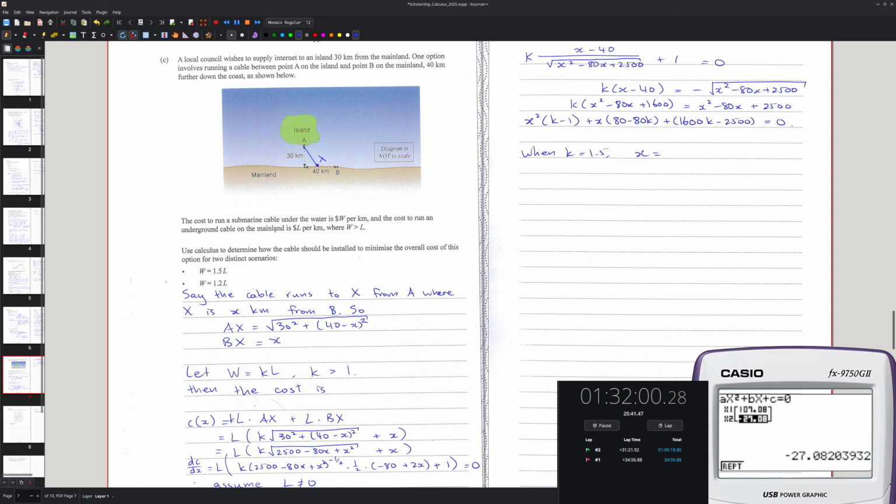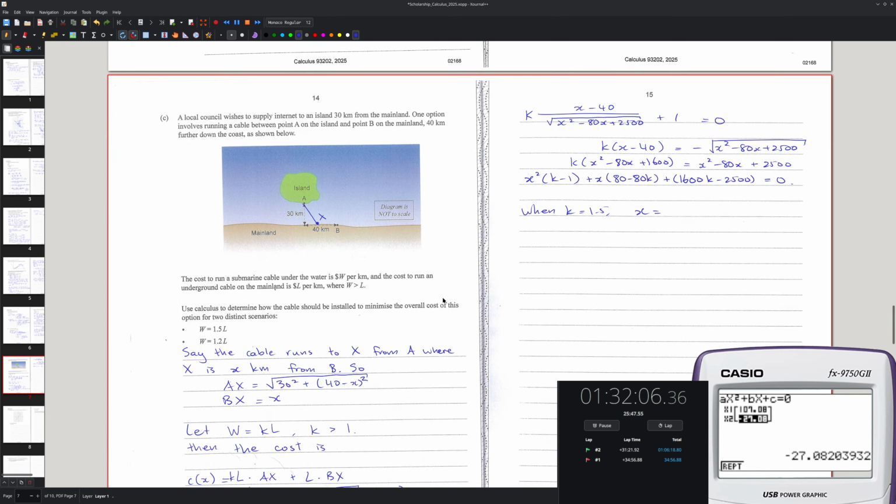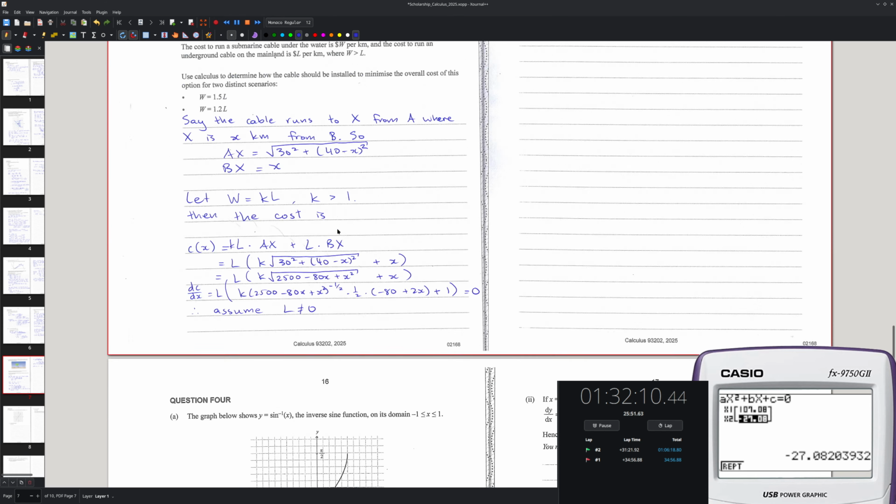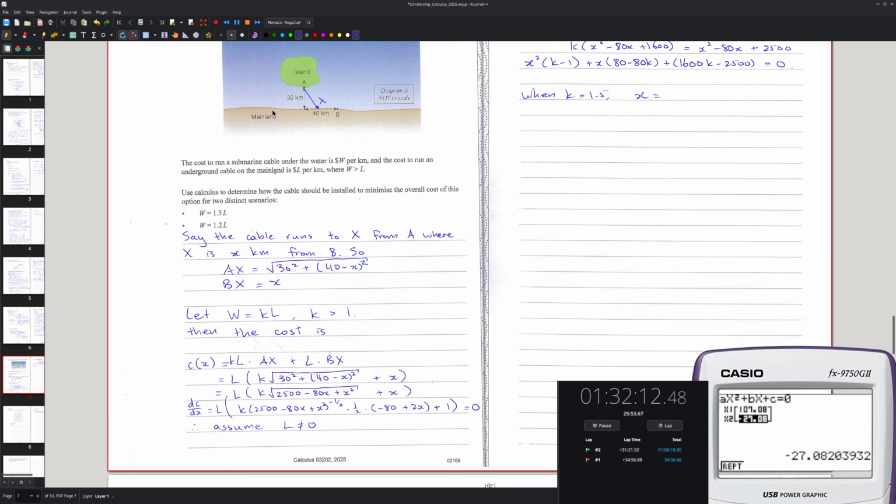Okay, let's think about this again. So ax is definitely this. That's correct, because that's 40 minus x. That distance there, and then that distance is x. So L equals KL. So what ax is that?